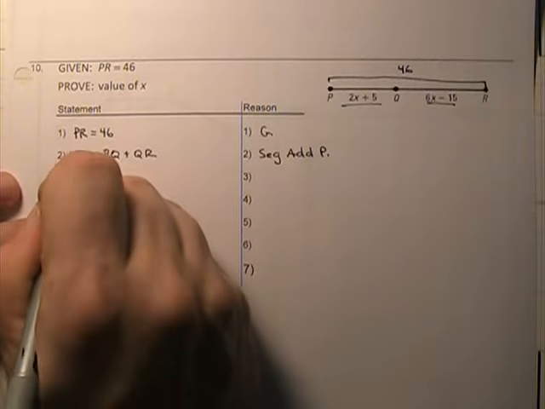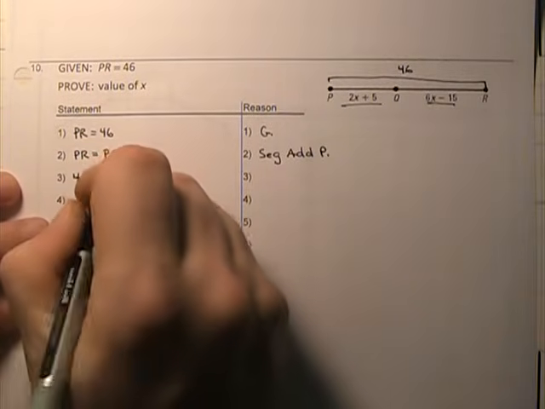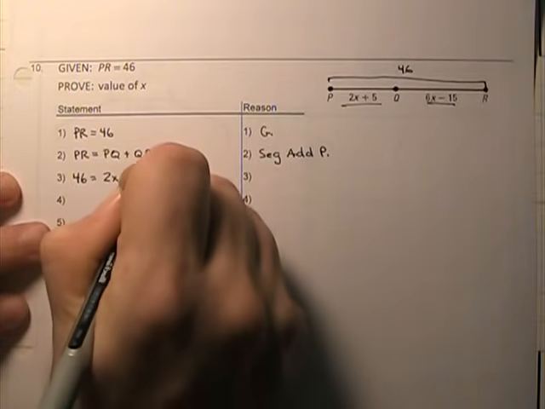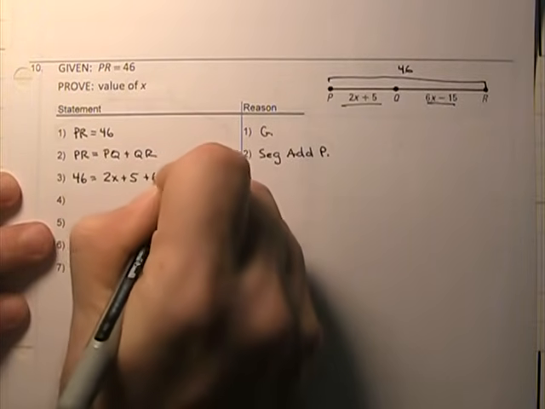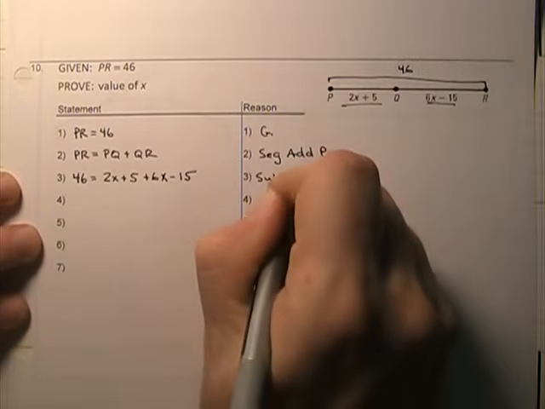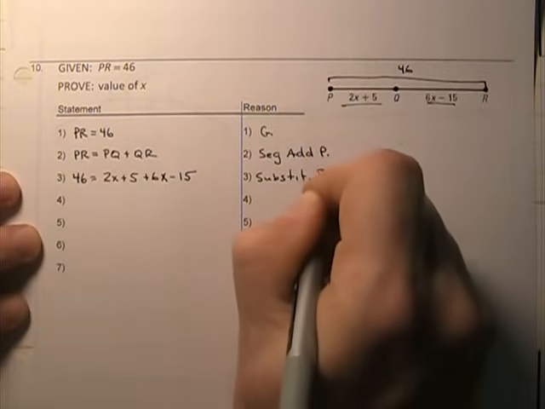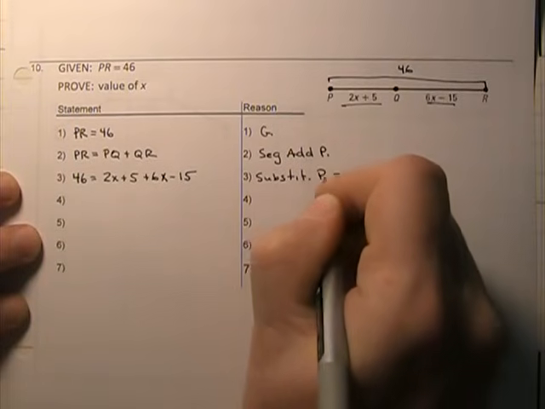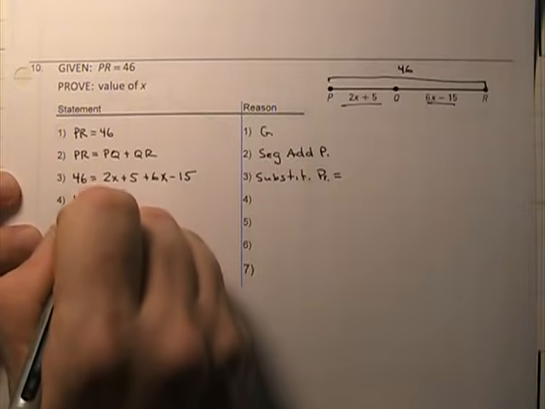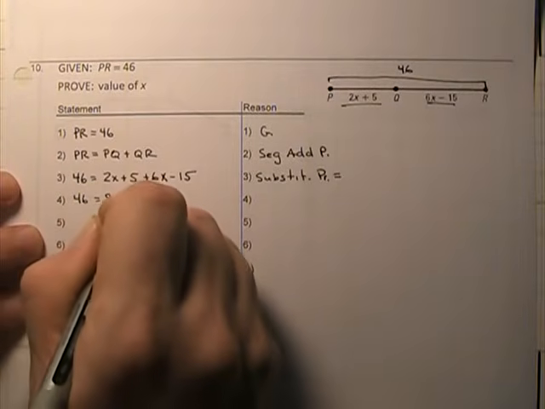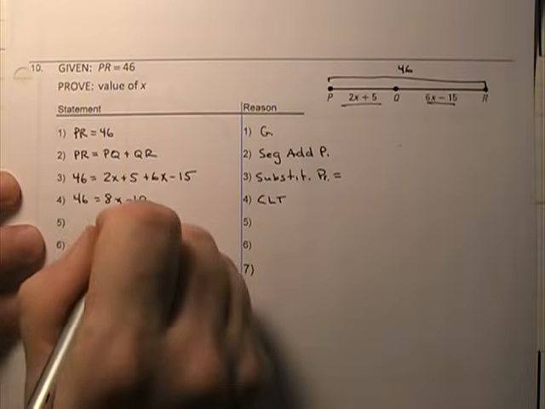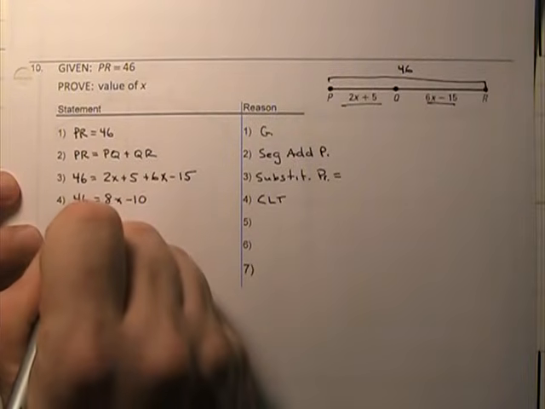So let's see what that gives us. 46 equals 2x plus 5 plus 6x minus 15. And that's just a substitution property of equality. And now we just put things together. 46 equals 8x minus 10. That's just combining like terms. We'll add 10 to both sides.